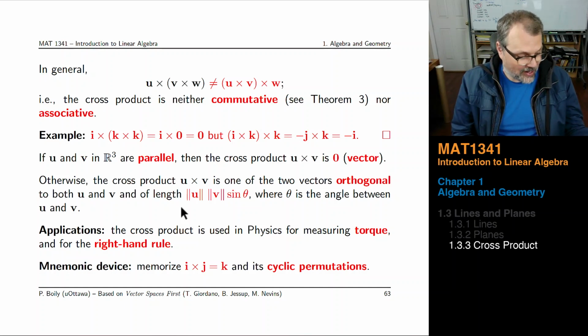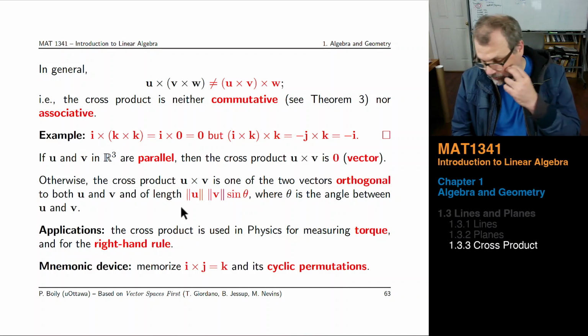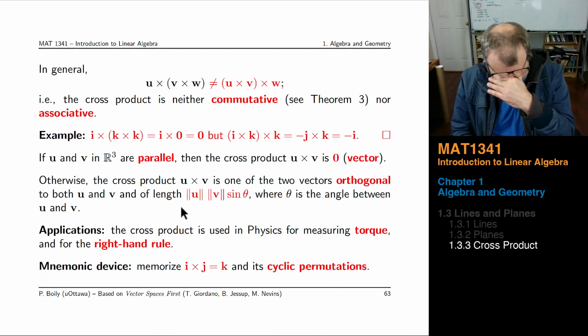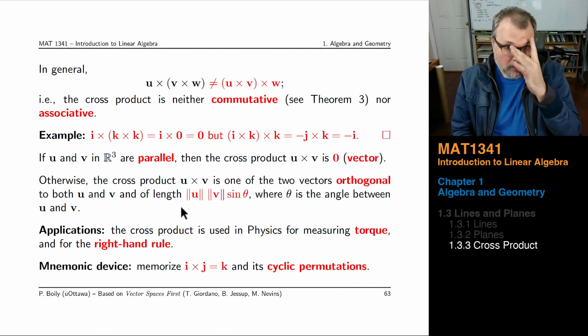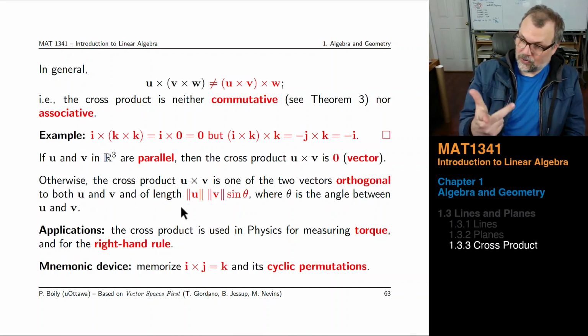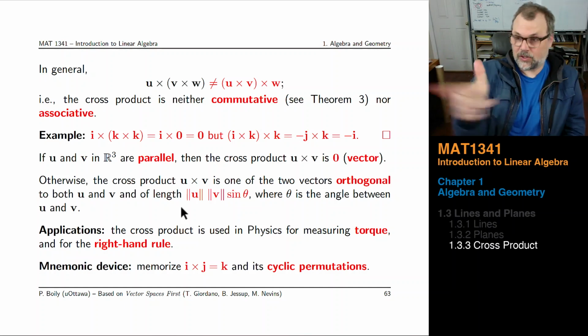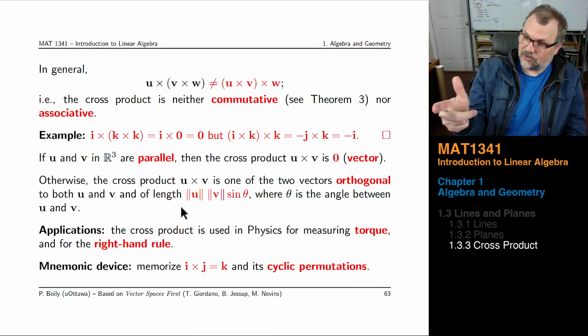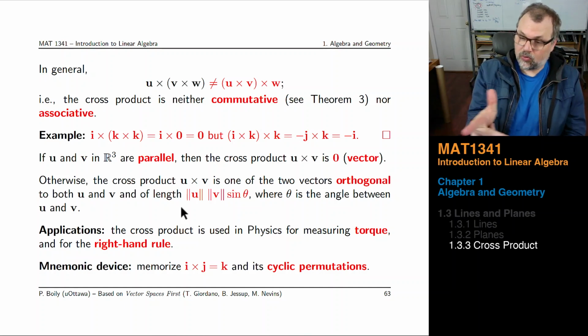Something like anti-commutativity shows up when you talk about elementary particles. And well, the right-hand rule is how you sort of remember how things work, right? If your thumb is U and your index is V, then your middle finger points away from both U and V in that direction.